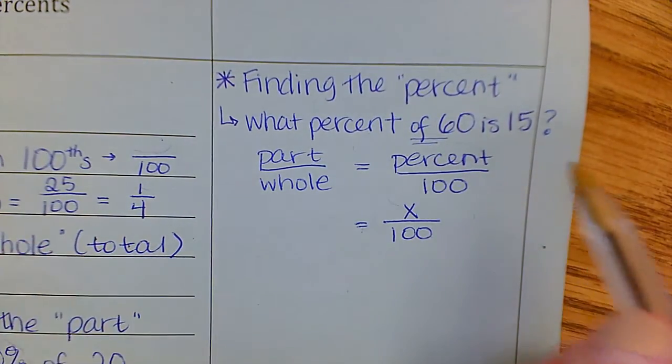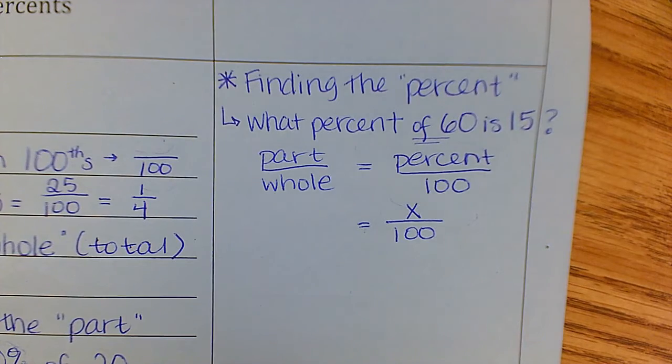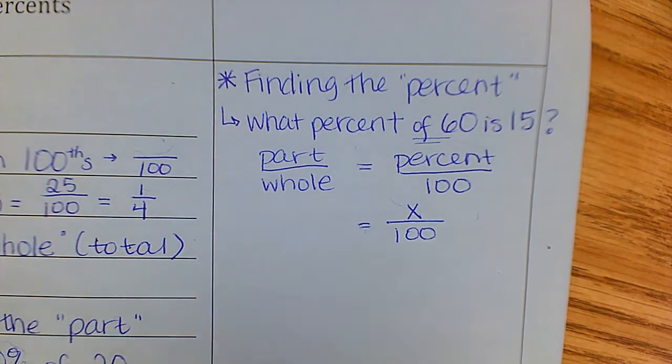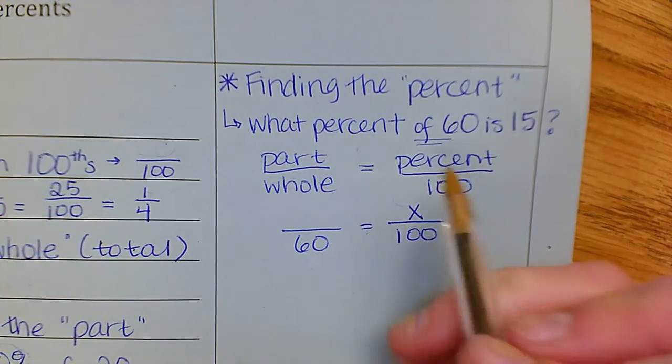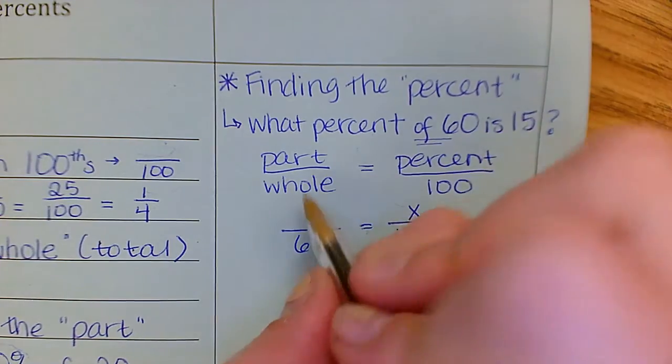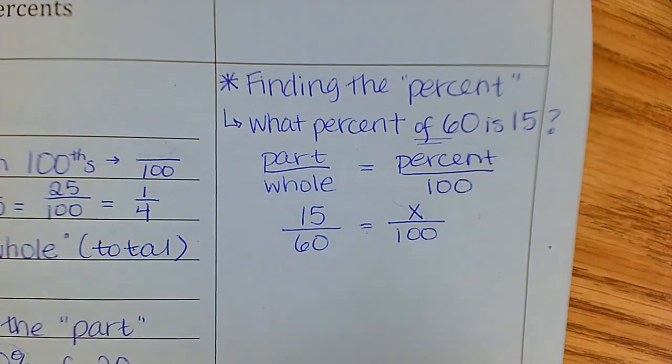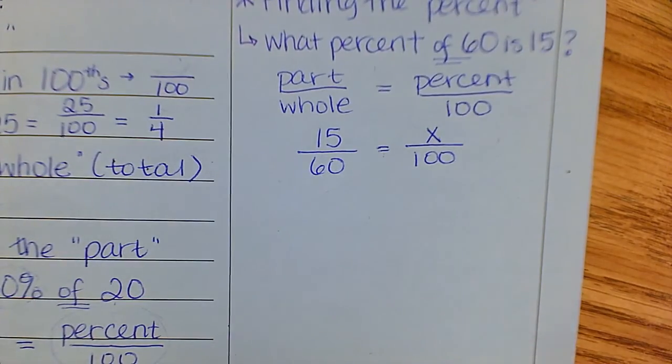I talked about that word "of" before, and "of" is going to be referring to our whole. So if I see "of 60," that means my whole is going to be 60. And I want to know what percent of 60 is 15. So my 15 is the part of 60. Look at this. It's a special proportion. So who would like to raise their hand and tell us the next step?